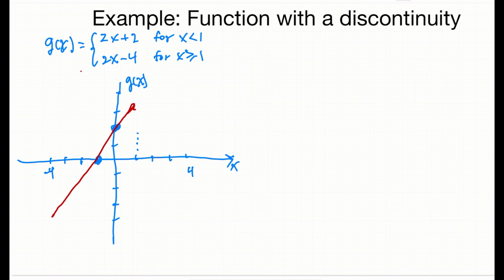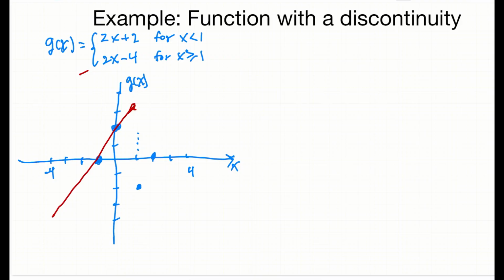Now let's look at the second curve, 2x minus 4. We have to be at greater than or equal to 1. So at 1, 2x minus 4, that's 2 minus 4, so that's minus 2. So it's going to be down here, this point. Now at x equal to 2, we got 4 minus 4 is 0.